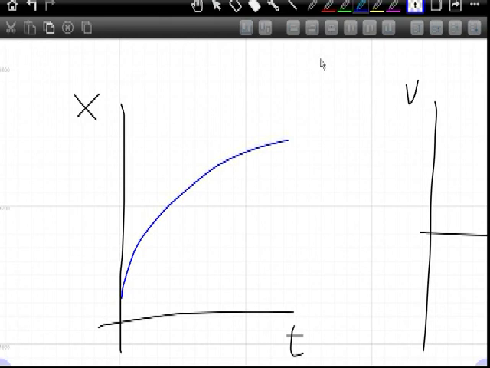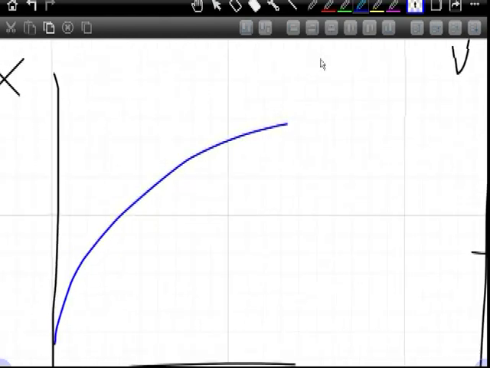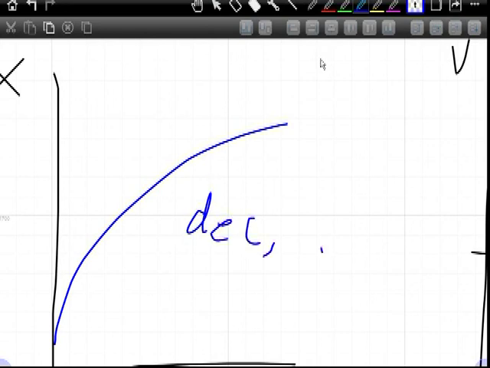So who can, in words, describe this one to me? Explain to me what's happening here. Joe. It's got a decreasing slope, which means that it's decreasing what? Velocity. Okay. It's positive, and what's positive?